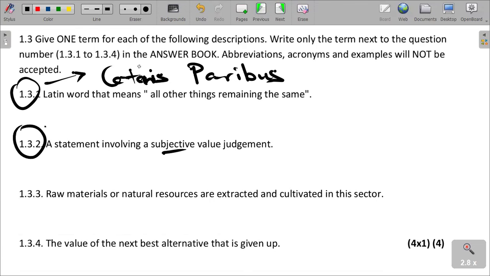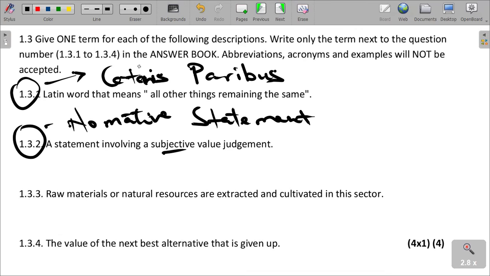Subjective means it is exposed according to the given scenario, applied according to an observation and thinking of a person. So it is subjective to a particular situation or to a particular being.